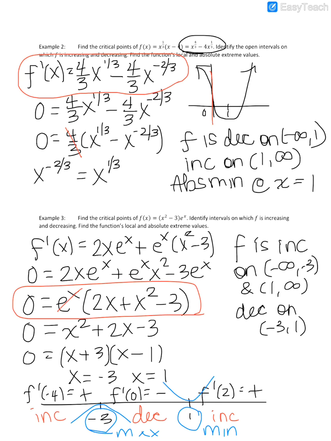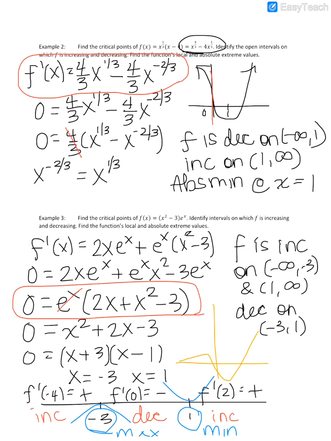You do want to take a look at the graph to see, are they absolute or are they local extreme values? Okay, so I'm going to sketch the graph for you here. Okay, so it looks like this. Okay, so it looks like at -3, I have a local max.